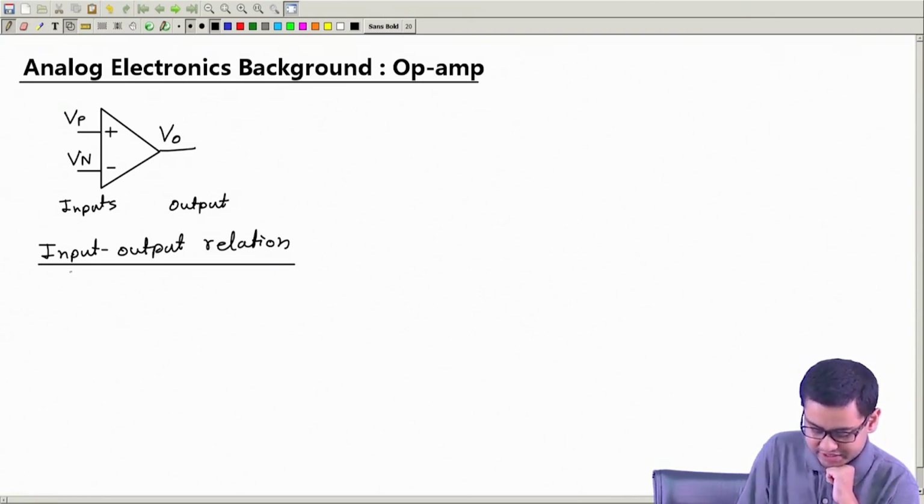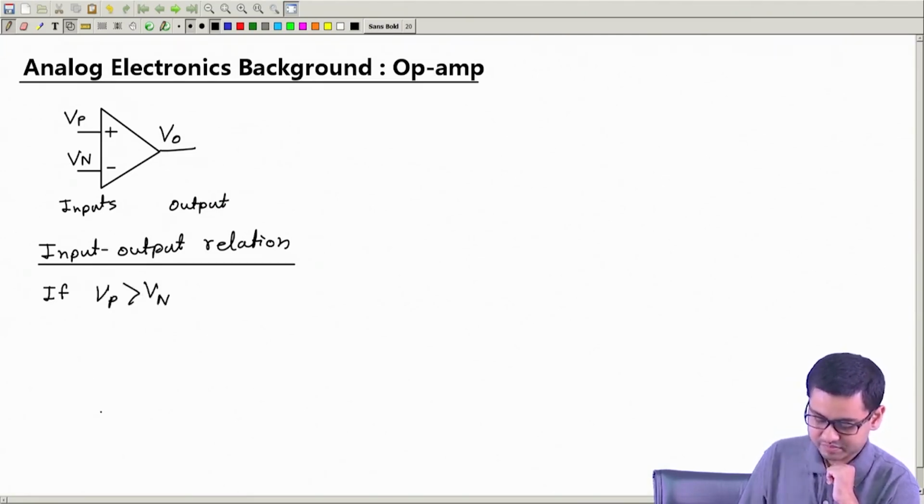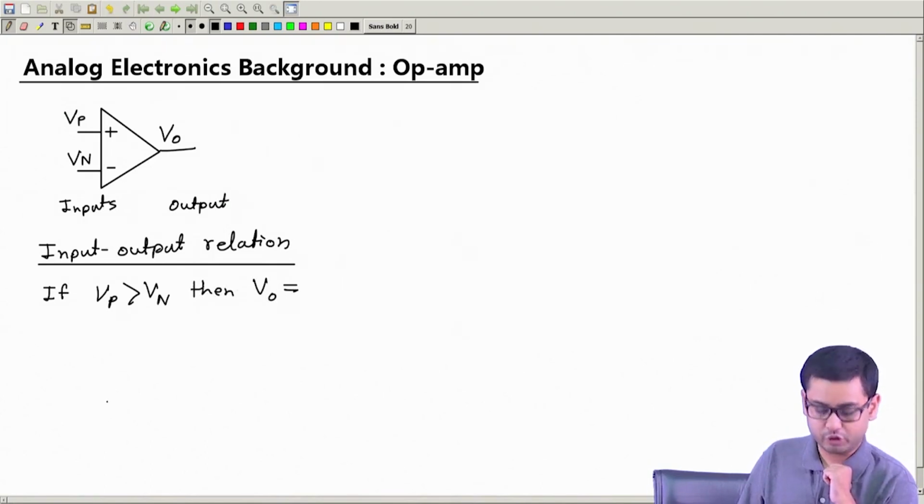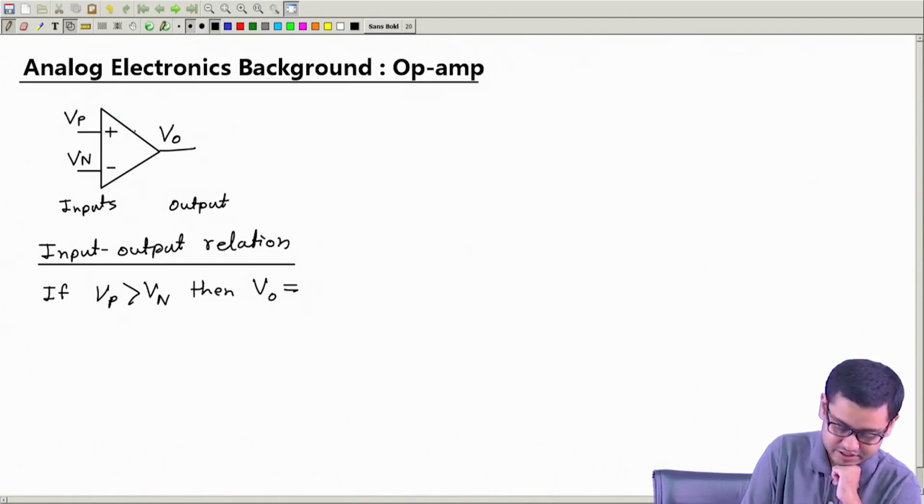The rule is, if Vp is greater than Vn, then Vo is equal to some positive voltage. How much? For that I have to draw another thing. I forgot to draw the power supply.